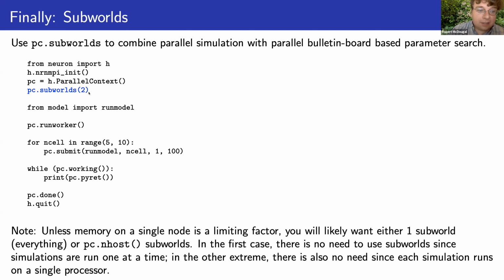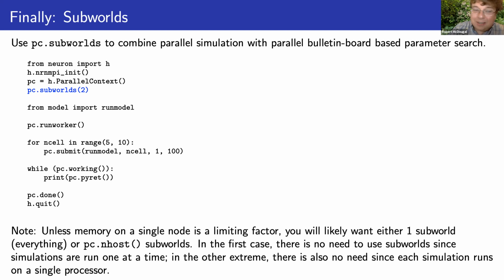basically pc.subworlds is going to allow you to split everything into two worlds. And then each one is responsible. So the all-to-all communication is now all-to-all within my little subworld. I'm going to talk to my friends, but I know that there are other nodes and I have no direct interaction with them.